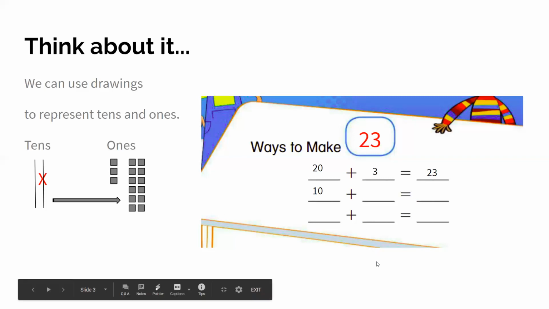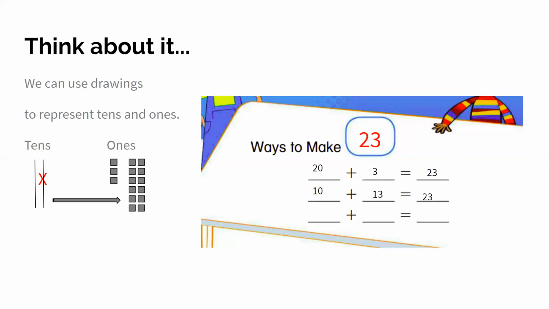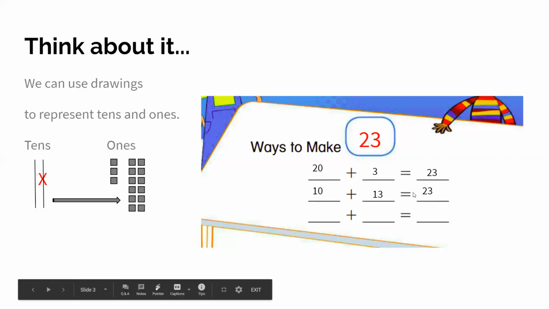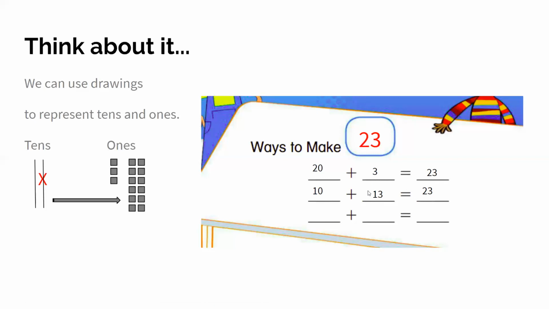So that would be 10 plus 13, and you guessed it, equals 23. Now again, a reminder, this problem 10 plus 13 is 23. This is not considered expanded form. It is considered another way to make the number 23 using tens and ones.